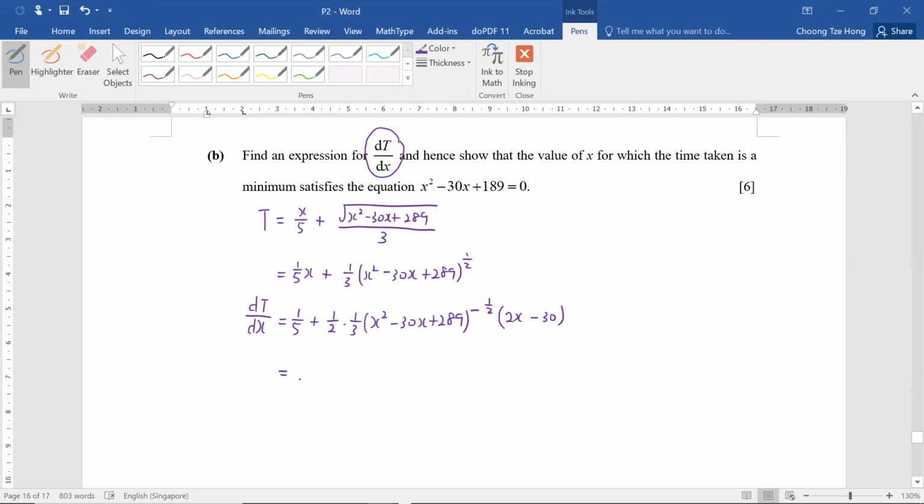We'll simplify a bit. You will get 1/6 here. I'll put the 2x minus 30. We can just leave it like that first.